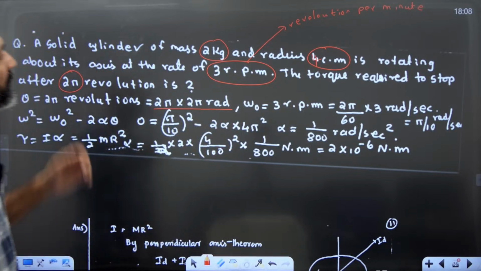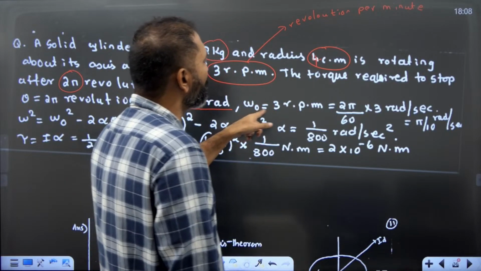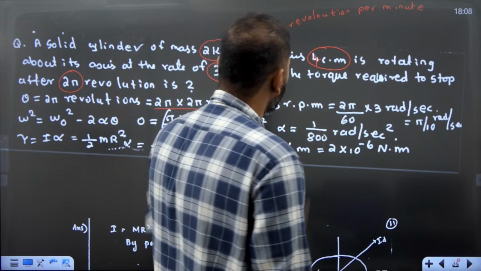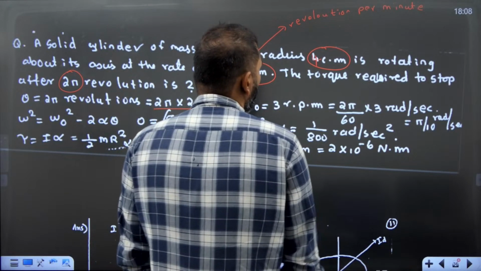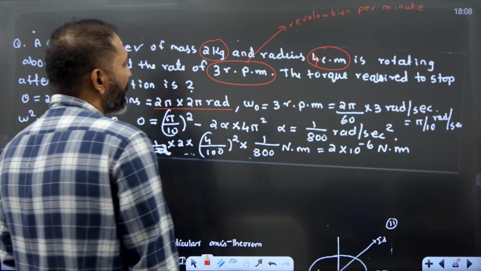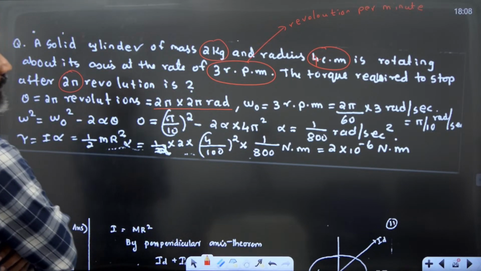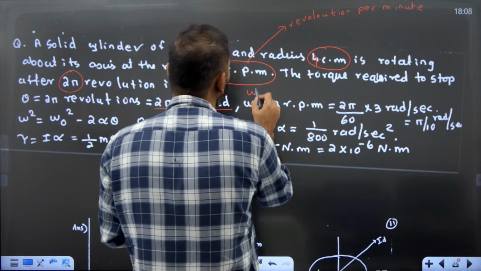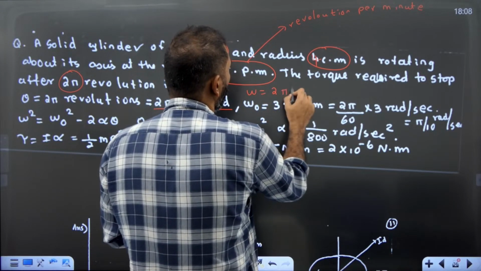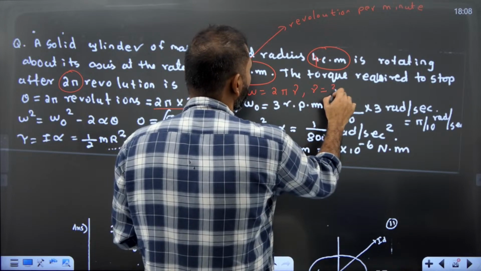So what is the initial angular velocity? The system is moving at a speed of 3 revolution per minute. So omega 0 equals 3 rpm. How to convert this rpm to rps? Omega equals 2 pi nu, where nu is the frequency, 3 rpm.